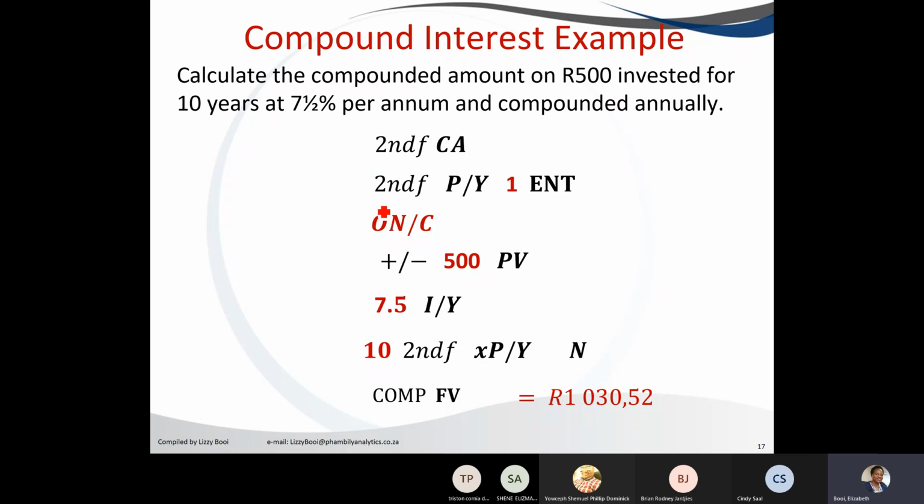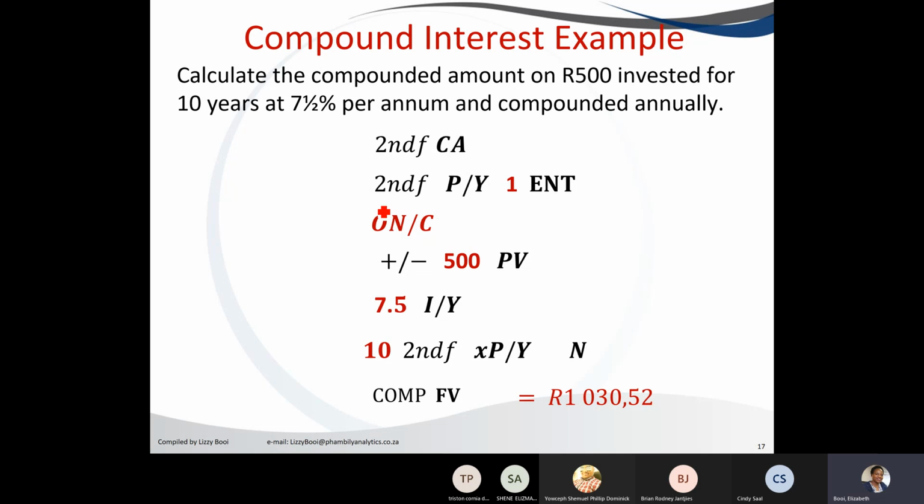Then second function P/Y, which is on the I/Y button on my financial calculator. So when you press second function I/Y, you are pressing the value to store your compounding periods. Then you press the ENT button, which is the enter, after you have put in the value of your compounding period. In this instance, our compounding period is 1.